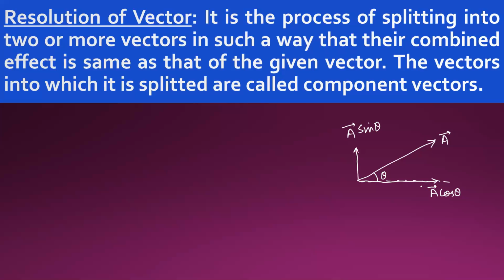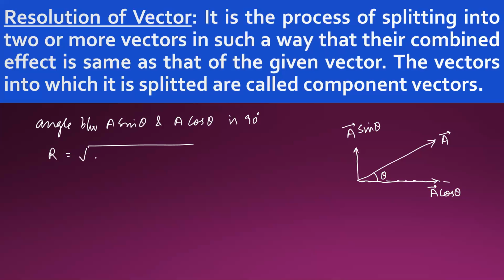And we see that the angle between A sin theta and A cos theta is 90 degrees. So if I find the resultant of these two, what is the formula to find the resultant of any two vectors?